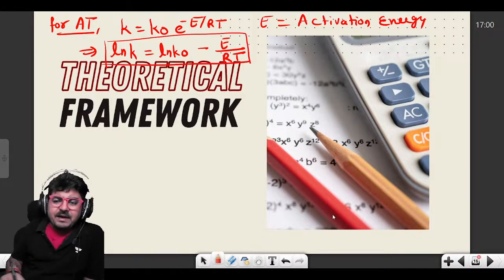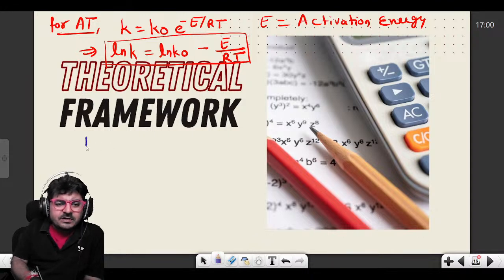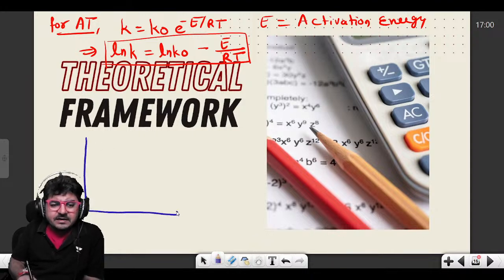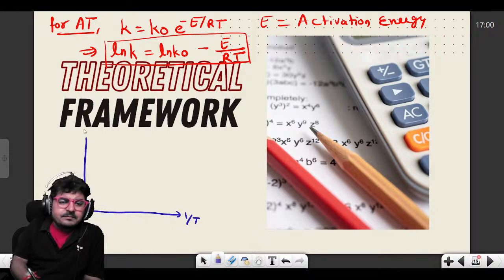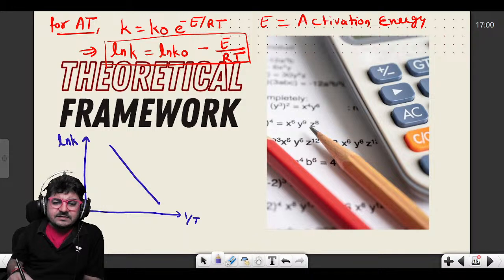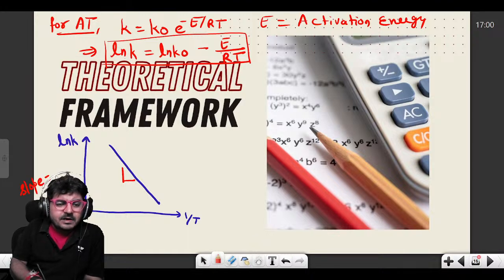You can check here. Suppose I draw a graph between ln k versus 1 upon T. It is like y equal to mx plus c. So that graph will be something like this, where the slope of this graph is equal to minus E upon R.